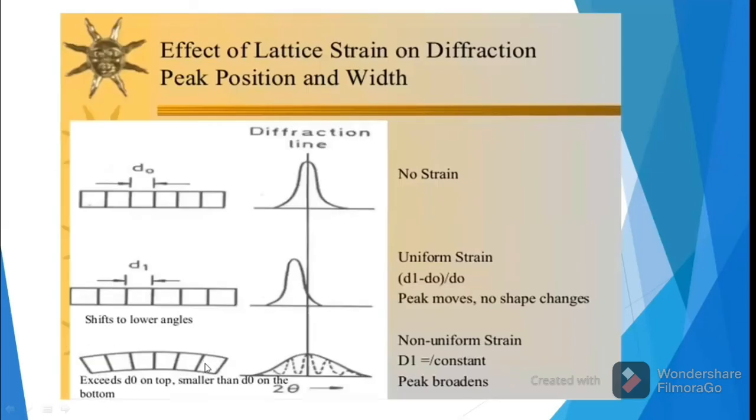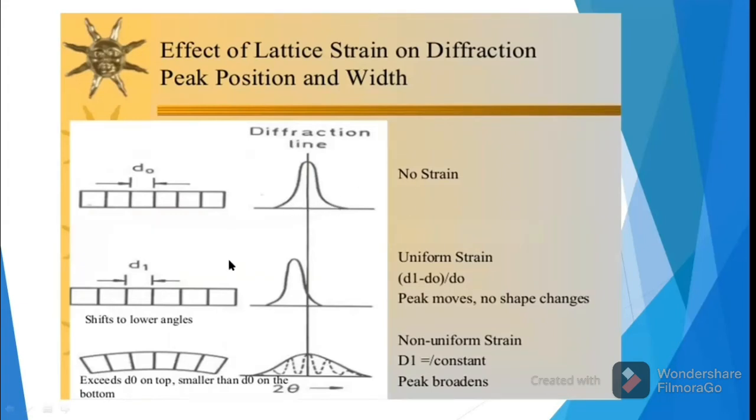Effect of the lattice strain on the diffraction peak position and width. Here you can see this is a very uniform crystal structure. All the crystals are oriented in the same direction. There is no stress. They are uniformly distributed, so the peak is uniformly distributed around the central value.